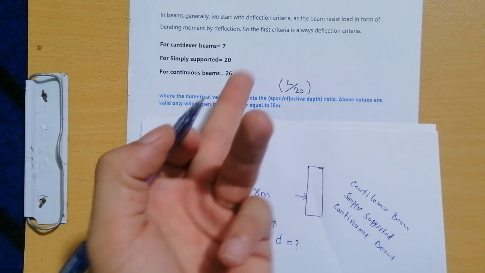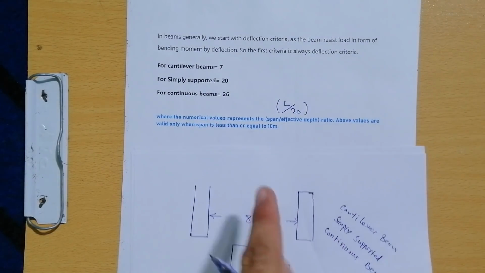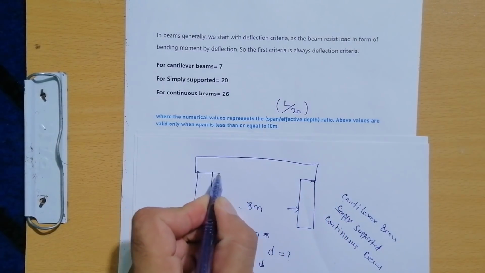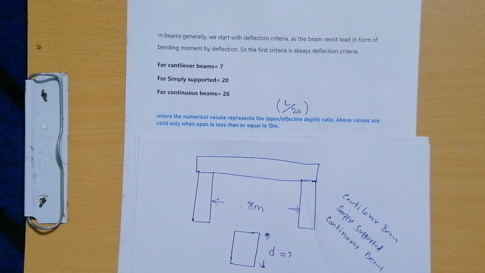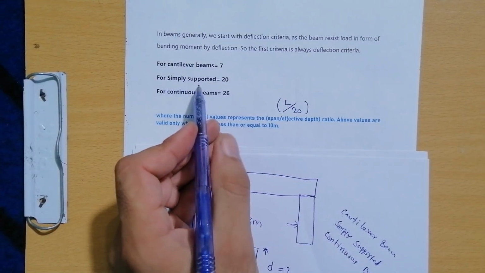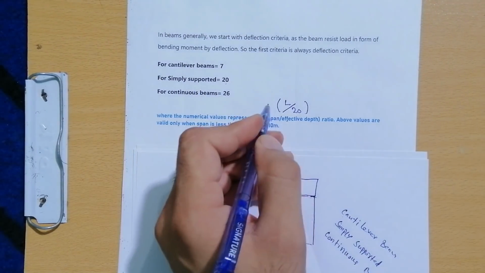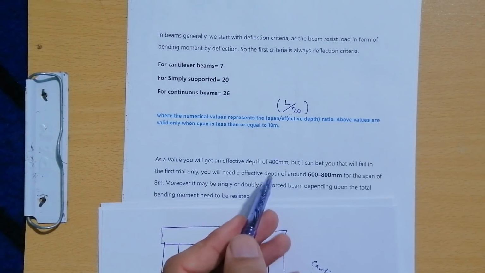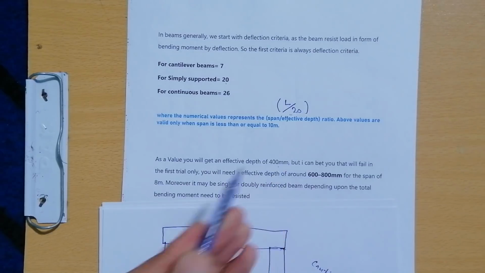This is a simply supported beam, so for a simply supported beam you will put L by 20, and then you will get the value of about 400 millimeter.